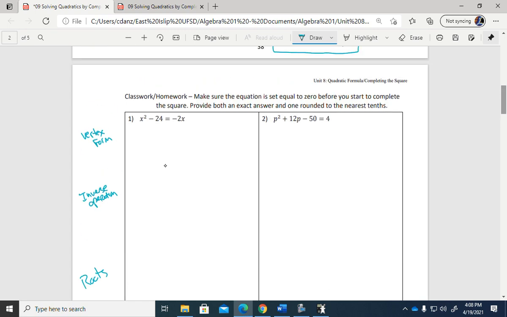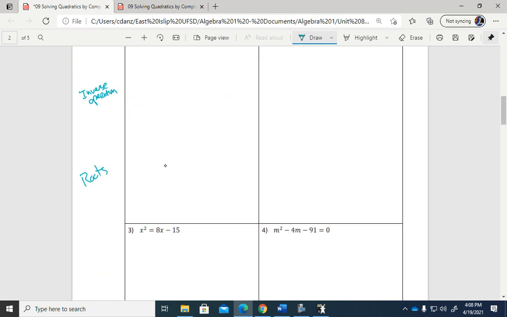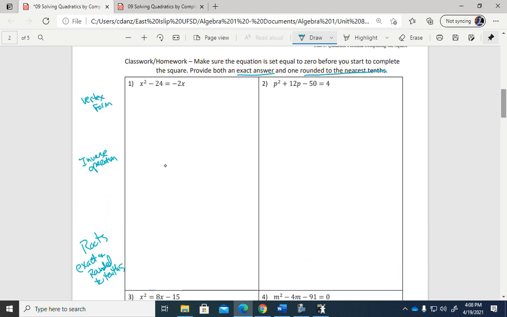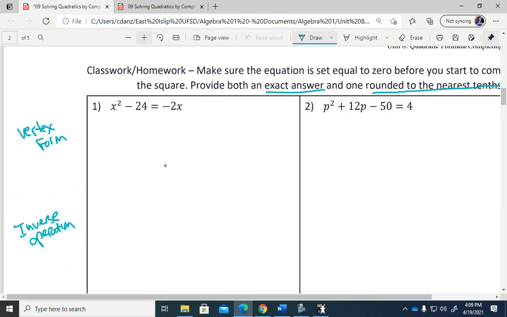And it tells us both in exact answer and rounded to the tenths place. So these are like side notes to help remind me what to do. Vertex form first, inverse operations next, and then I'll have my roots, and I have to list in both exact and rounded. So let me just zoom in so that you can see a little bit better.